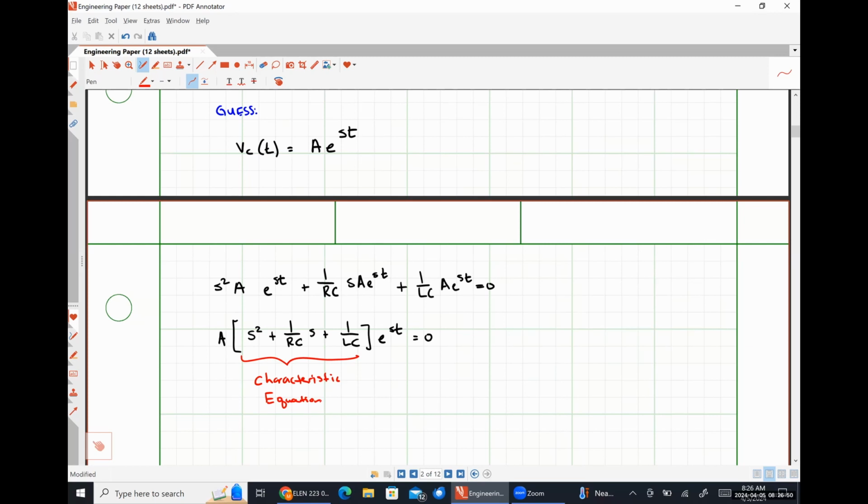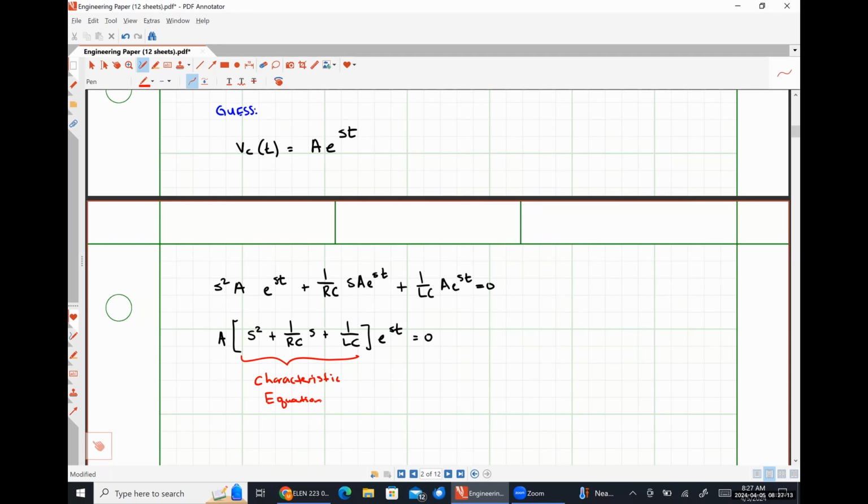Okay. So much like we saw in Circuits 1, there are a couple of different ways that we can make this thing 0, so we're going to talk through what they are. The first way is that A is equal to 0, but if A was equal to 0, then that means that effectively we had no stored energy in the system to begin with, and so everything is just 0.